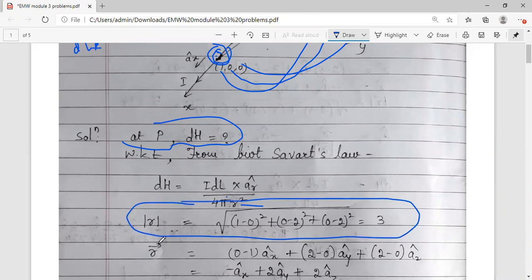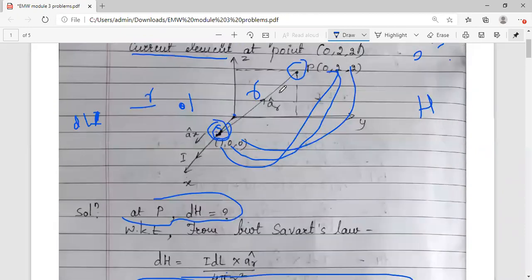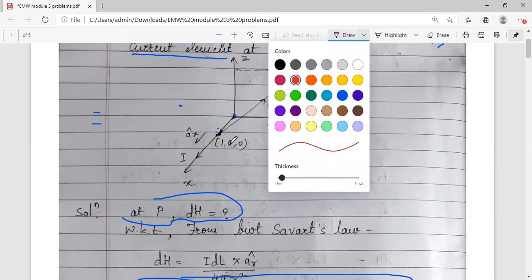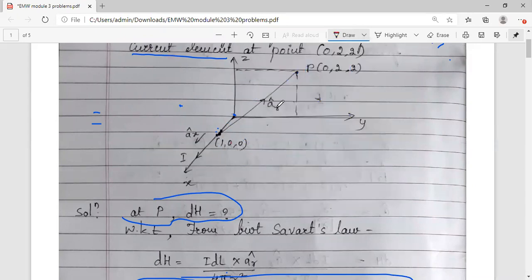Now, how can you find the unit vector AR? So I have specified the direction here. You just remember from the basics of module 1, how we take the direction, final minus initial. Hope you remember that. So let us use the same concept here. If the direction is in this way, let me take this as the initial position, this as the final position, final minus initial.